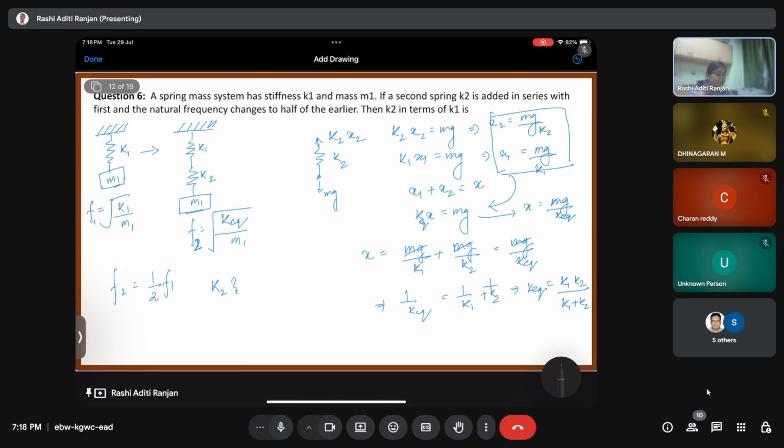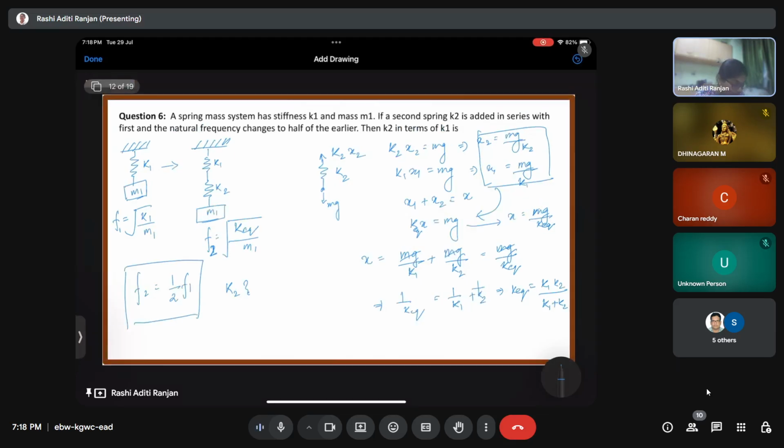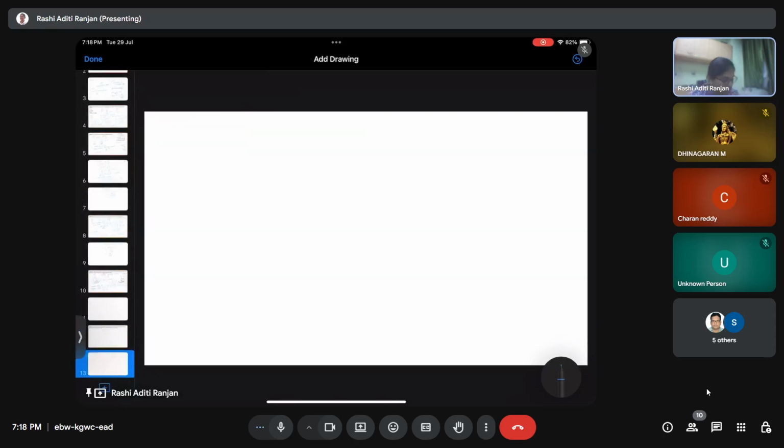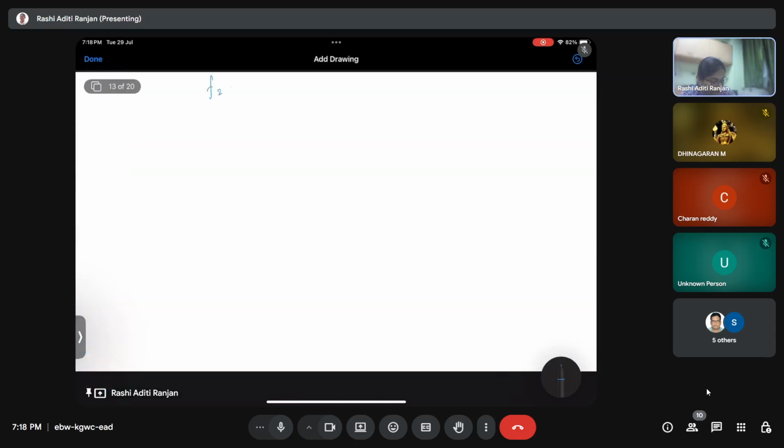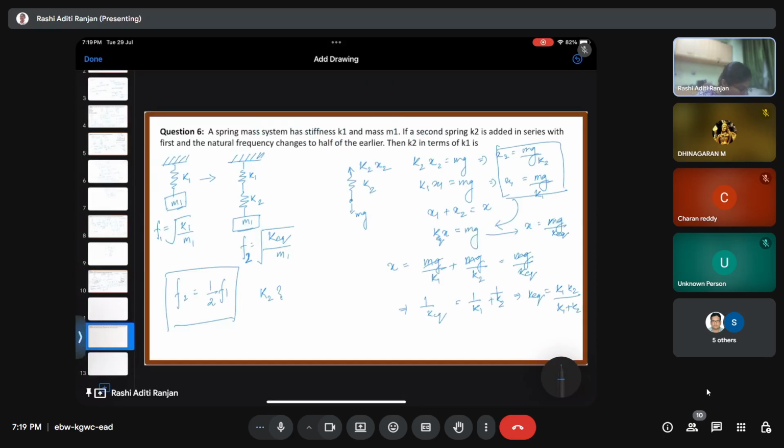Fine. Now, since we have the equation of k_eq in terms of k1 and k2, I can use that and put it in this relation. Now I know that my F2 is k1 plus k2 divided by k1 k2 mg, and this is equal to nothing but half of under root of k1 by m1, not mg, m1.